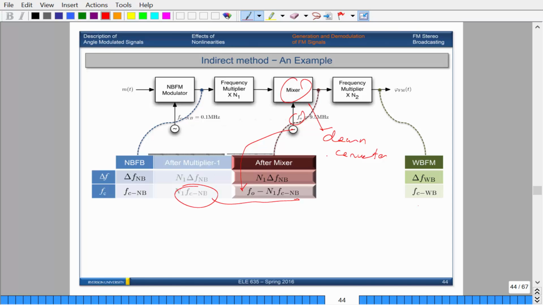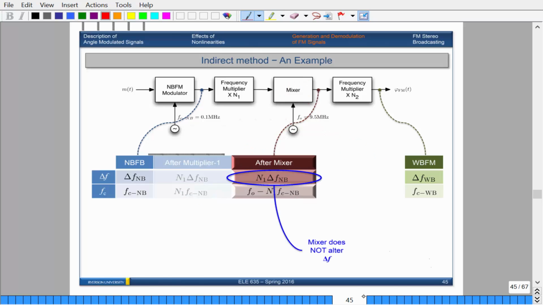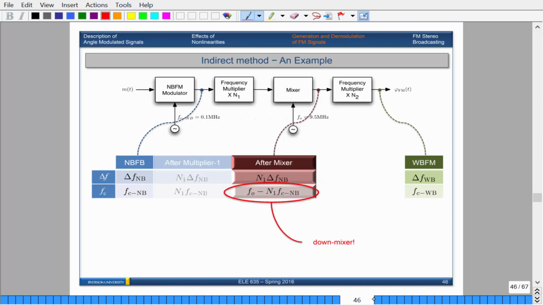Sorry, the deviation stays the same, but the carrier frequency doesn't. That's what's going to change. So the mixer does not alter the deviation as I talked about, but the down mixer will certainly change the carrier frequency. It actually brings it down.